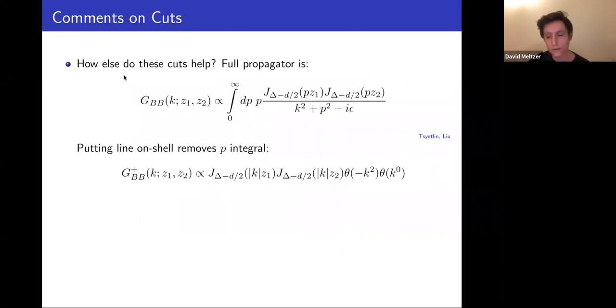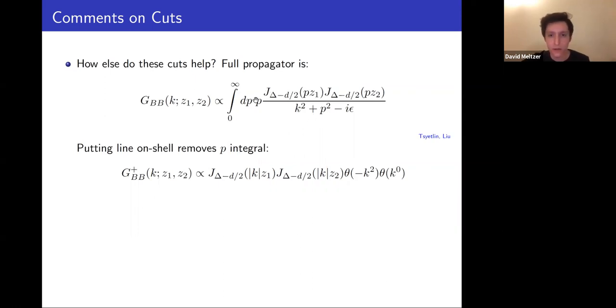Then on a more practical level, we can now look at the form of the actual propagators when we're studying the cutting rules. So in AdS, our bulk-to-bulk propagator in momentum space has the following form. It's this product of Bessel J functions, which encodes all the radial dependence, and I have my usual propagator.